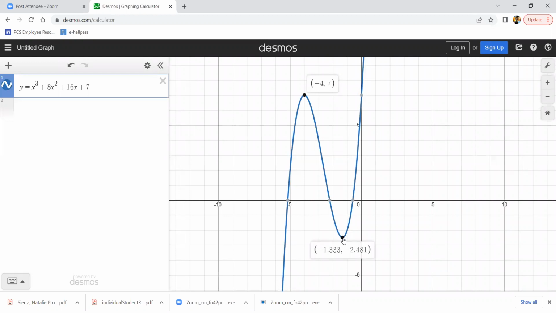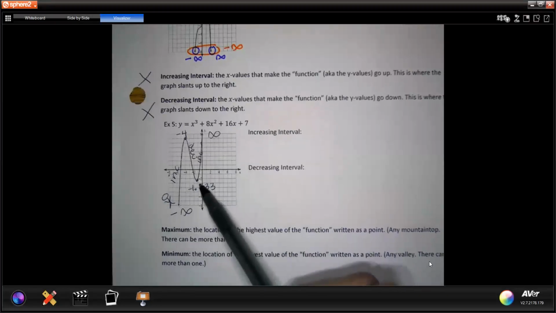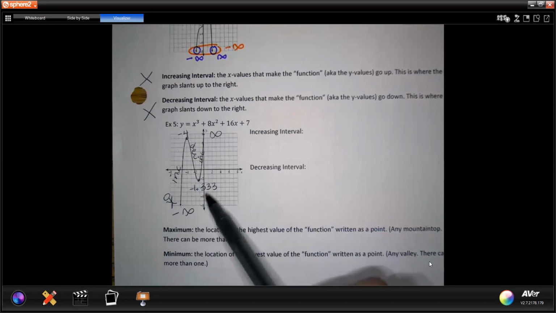So the x value at the very top is -4. The x value at the very bottom is -1.333. And so I took those values and labeled just the x value in my picture. So I have -4 right here and -1.333 right here.